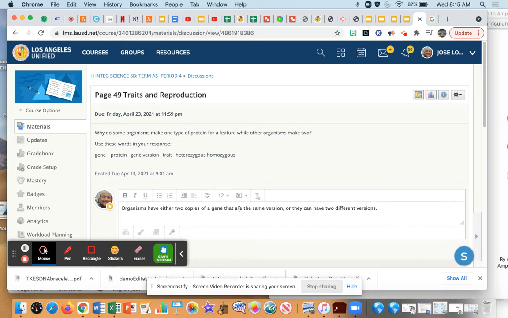And in the readings, the hemophilia readings, we learn that scientists have specific terms.